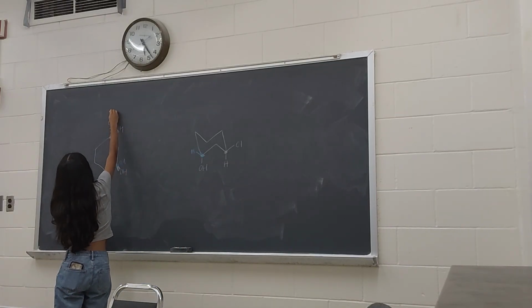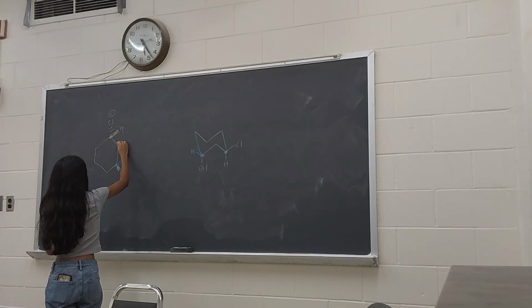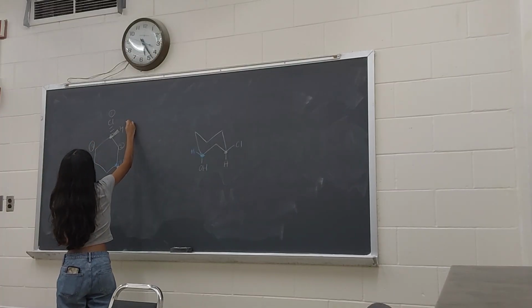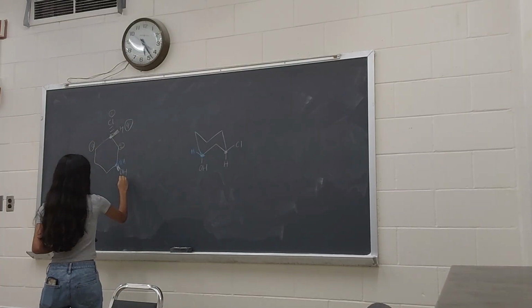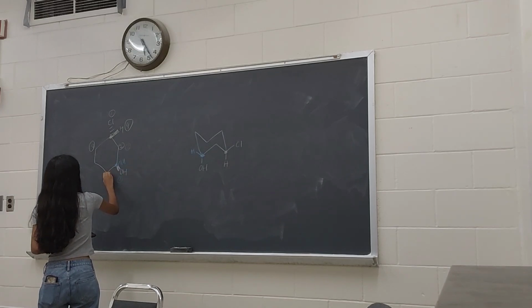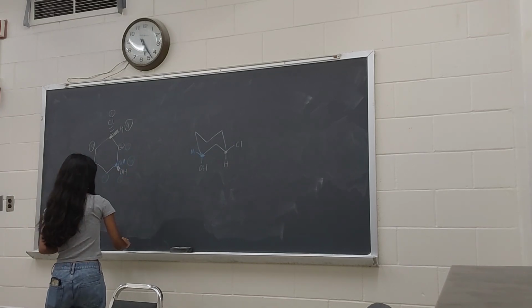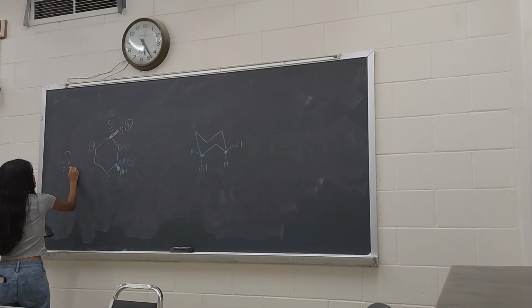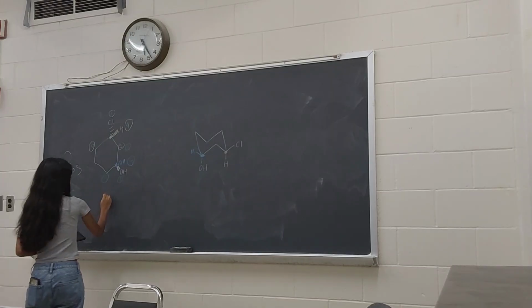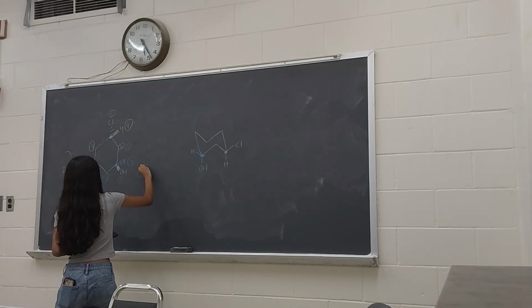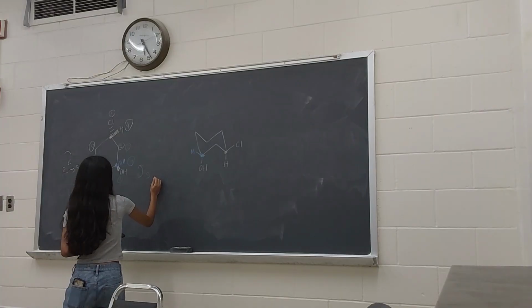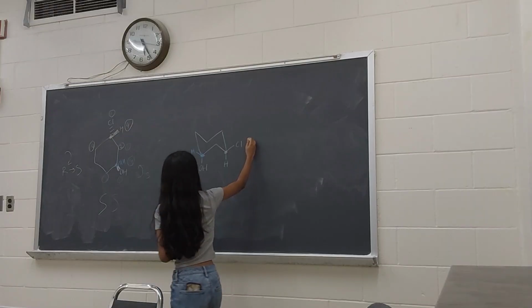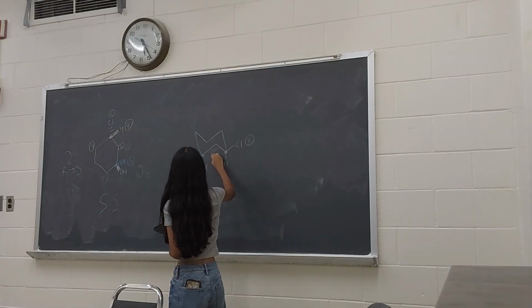For numbering, Cl is going to be 1, and then this carbon is closer to this group, so it'll be 2, 3, 4. 1, 2, 3, 4. 1, 2, 3. That's all. Hydrogen's on a wedge, so S. S. Hydrogen's on a dash, so we can keep it as is. 1, 2, 3.